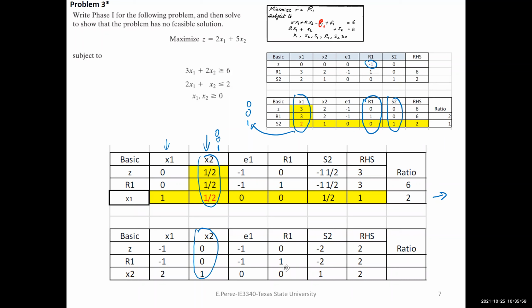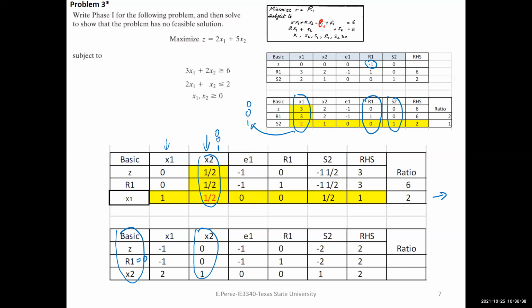The question is asking to show that the problem has no feasible solution, which means show that this problem is infeasible, that it cannot be solved. If you remember my explanation, I always stated that at the end of the first phase, we need to check whether any artificial variables are part of the basic variables. If an artificial variable is basic, we need to make sure that it is equal to 0.